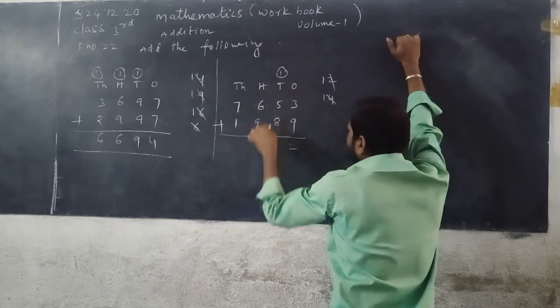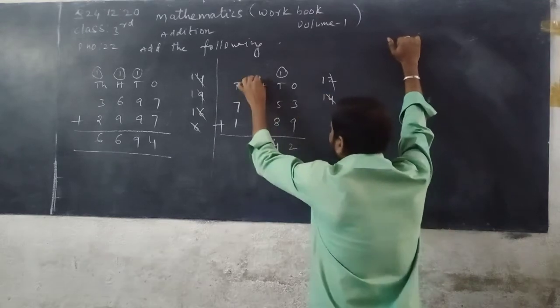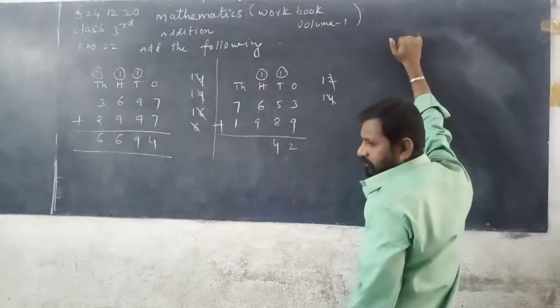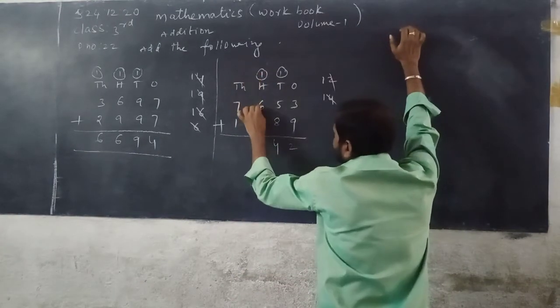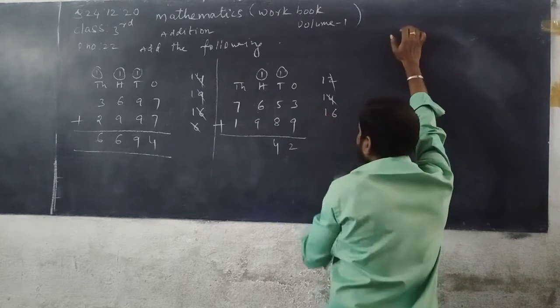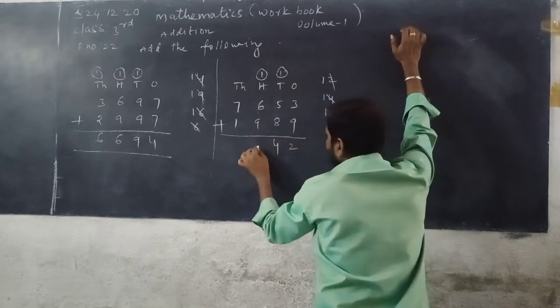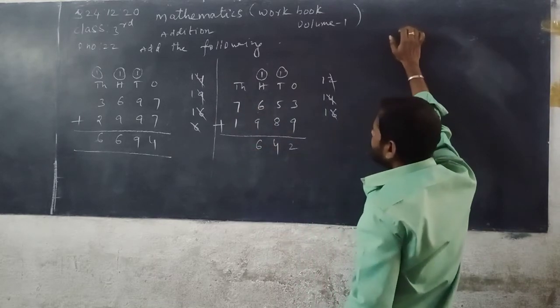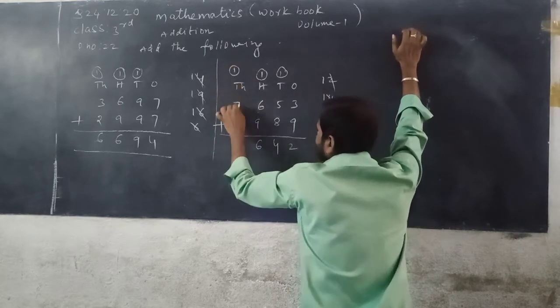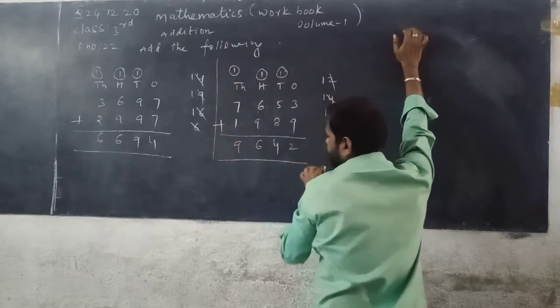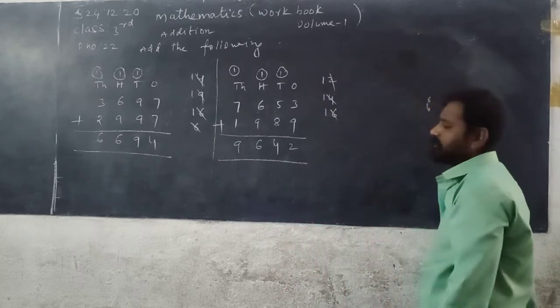In it, 4 is written down in tens column and 1 is carried over to the hundreds place. Next add the digits in hundreds place along with the carry. 1 plus 6 is 7, 7 plus 9 is 16. In it, 6 is written down in hundreds column, 1 is carried over to the thousands place. 1 plus 7 is 8, 8 plus 1 is 9. Sum is equal to 9,640.